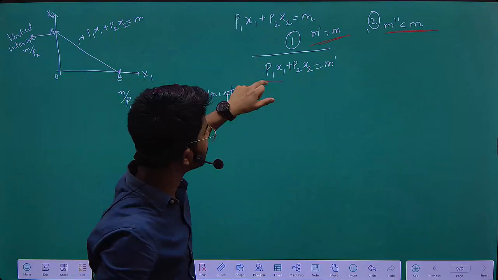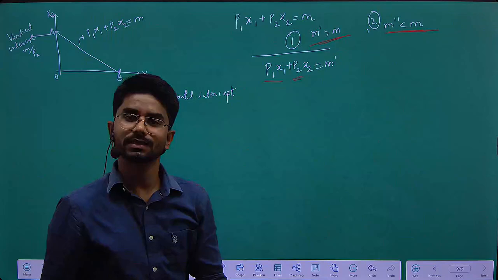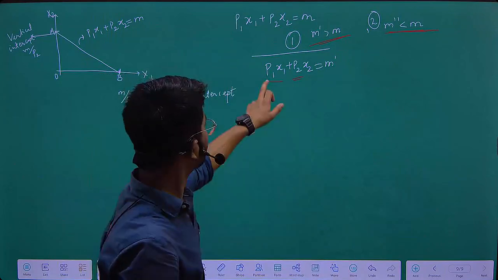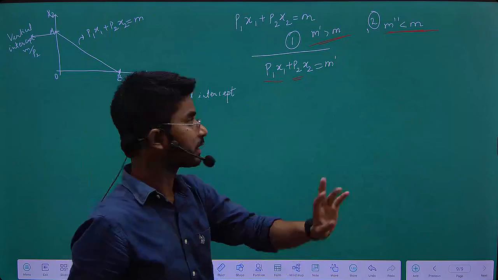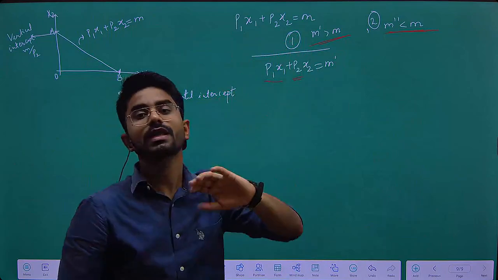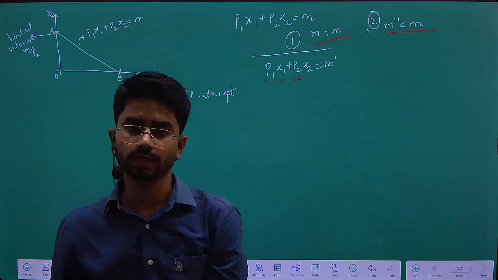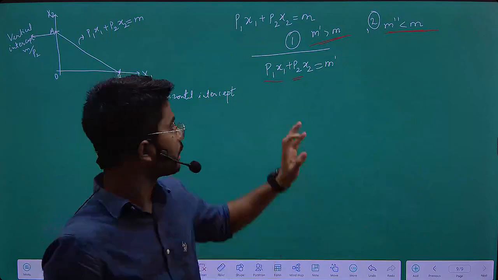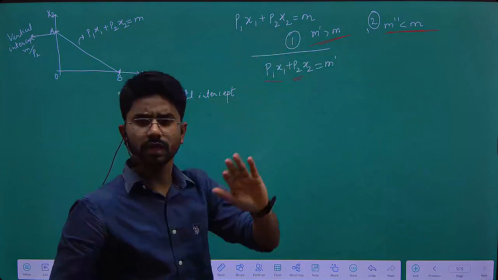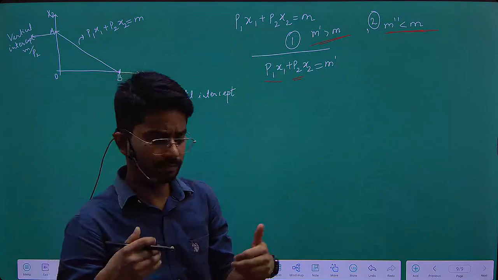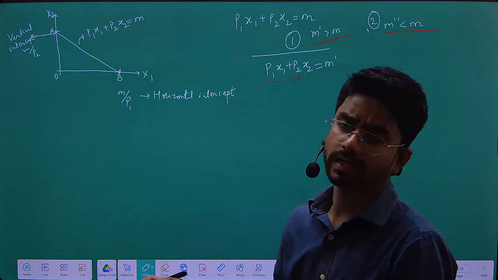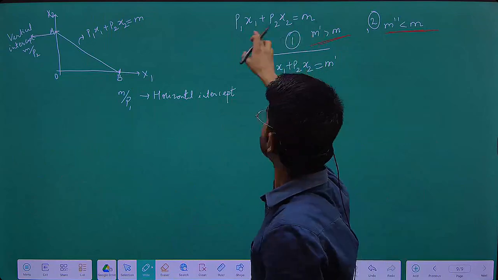Because the prices remain the same. If the prices have not changed, we use P1 and P2 as they are, and x1 and x2 were representational variables. So x1 and x2 have varying values, meaning you have different values of x1 and x2 for this original budget line.